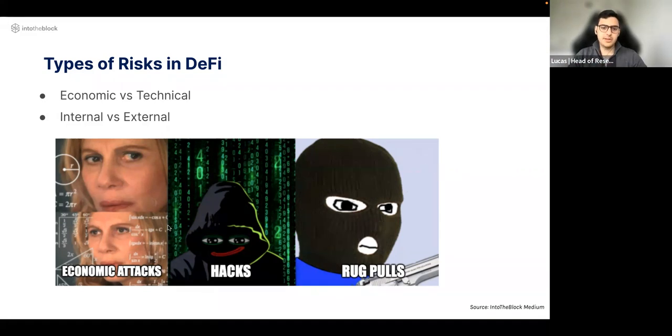Based on that, given my meme skills, I would classify economic attacks as, of course, economic in nature, but also external hacks as technical and external, and rug pulls as technical and internal, usually.